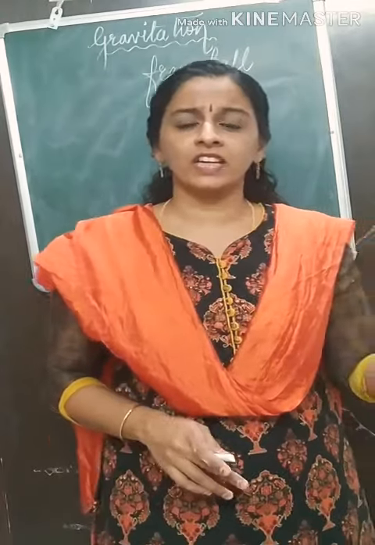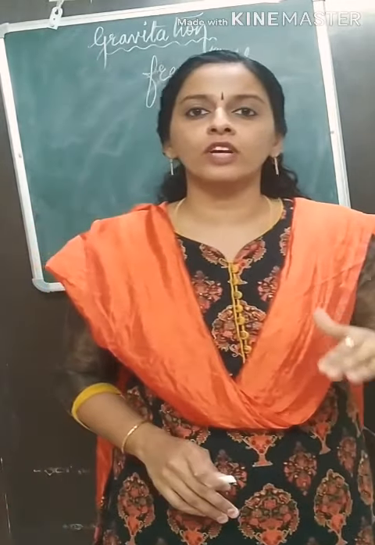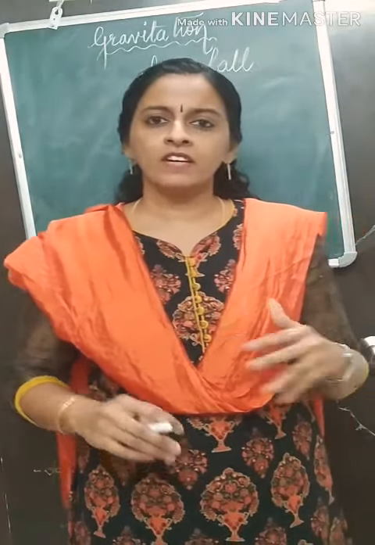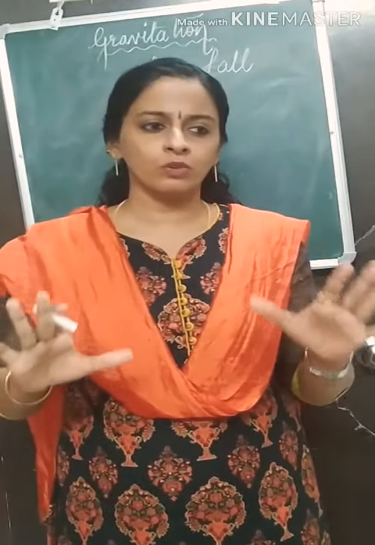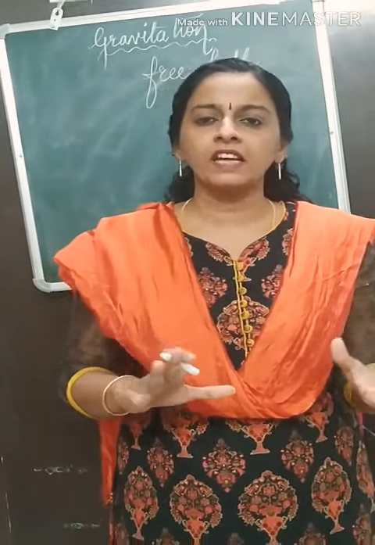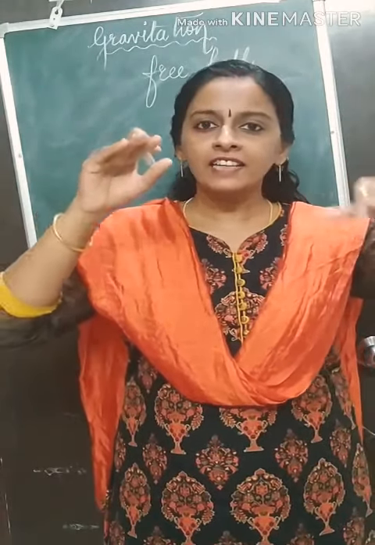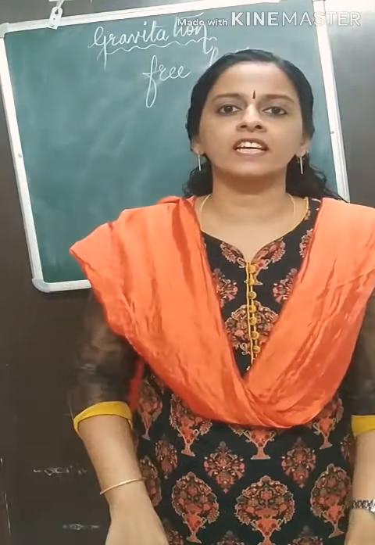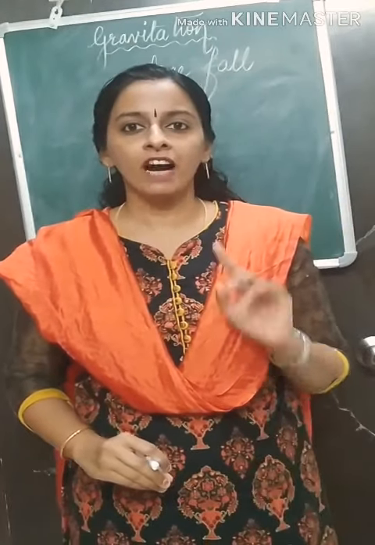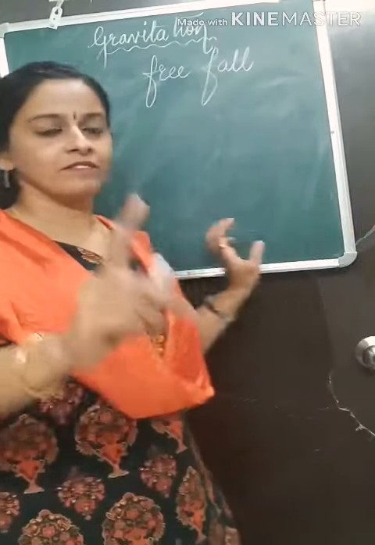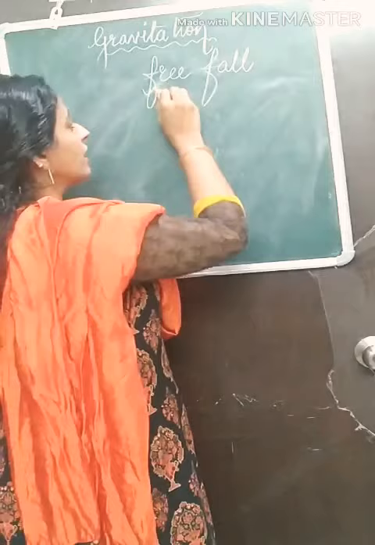Now suppose there is no atmosphere, we are talking about only vacuum. When there is no air around, only vacuum is present, at that time if I drop a feather and a stone, both will reach at the same time. Why? At that time, they are only experiencing free fall.